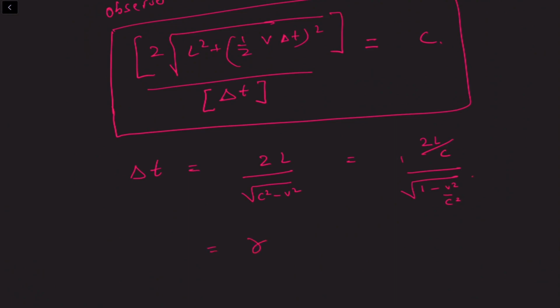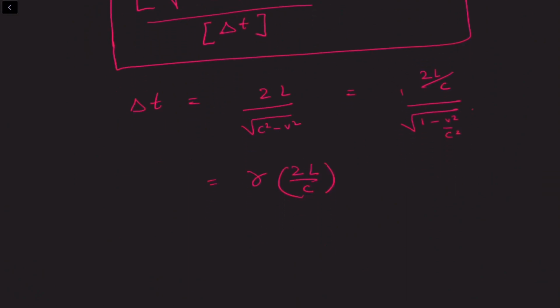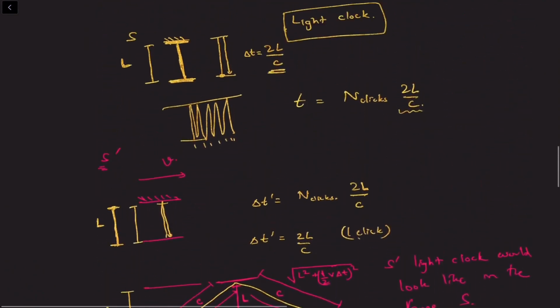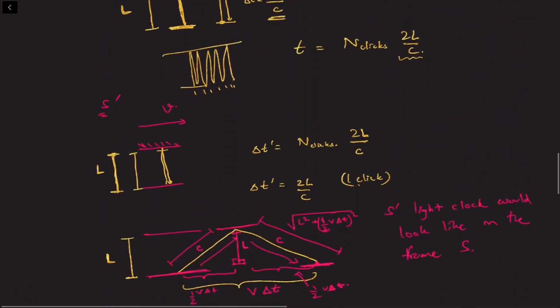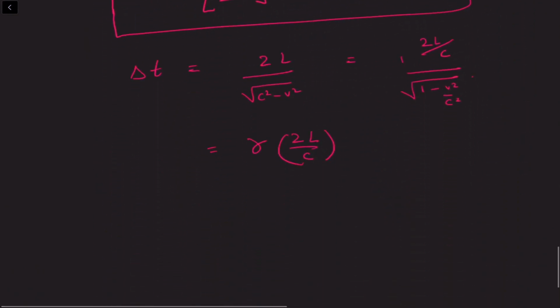So we can write this as gamma times 2L over c. But 2L over c is the time that the train observer registers on their clock. The train observer has concluded that for one click, the time interval that has passed is 2L by c, because they saw one click. So in other words, this is gamma times delta t prime.